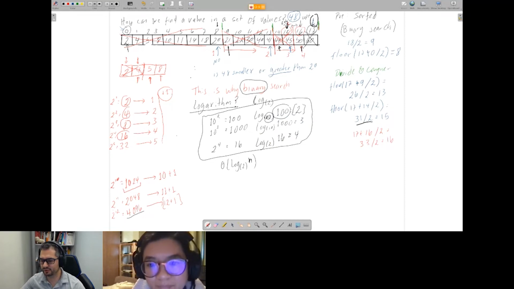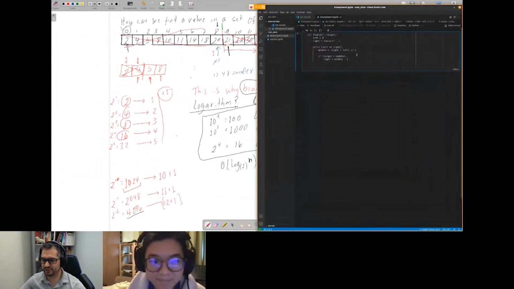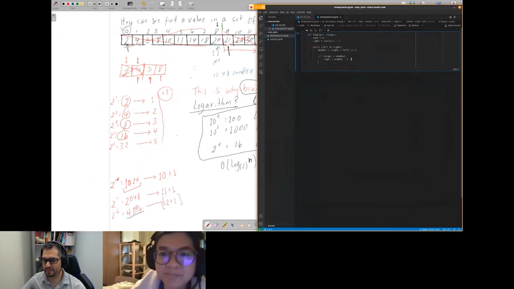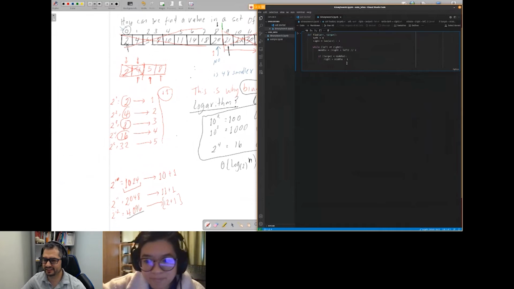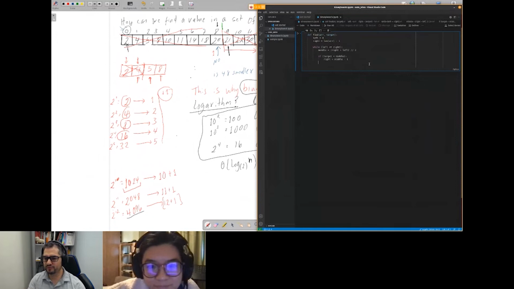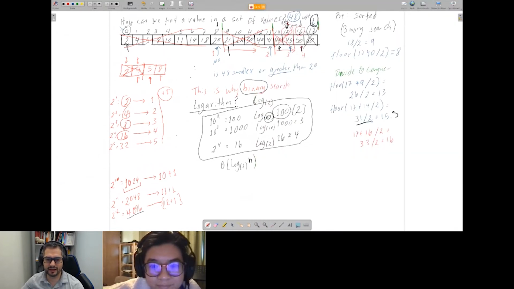You know how this would be 15.5? So the regular division will give you 15.5. But this will give you 15. It will give you the floor, which is what we need. So if the target is before, right, then we move the right pointer to before the middle. I'm checking the middle. So then I will move the right pointer to here, right?